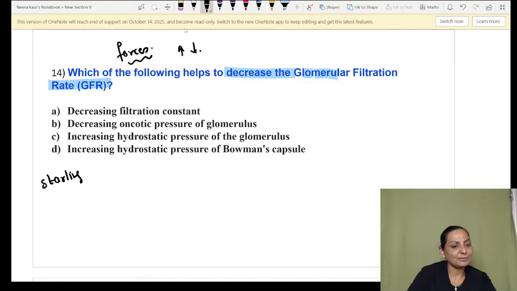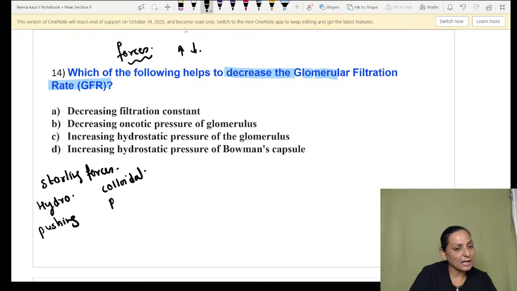Remember, there are two forces, hydrostatic and colloid osmotic. Hydrostatic forces are pushing forces and colloidal ones are pulling forces. So there is hydrostatic pressure at the glomerular capillaries. It will push, that means it will increase GFR.